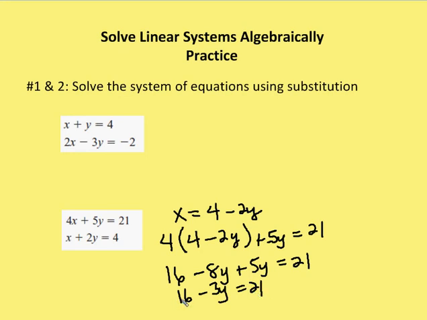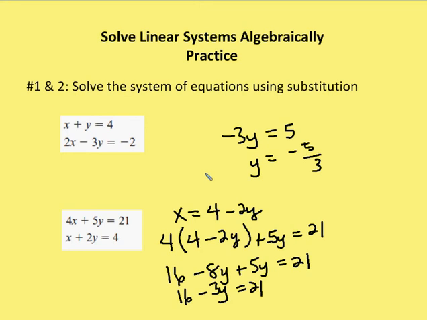Now I'm going to subtract 16 from both sides, and I get negative 3y is equal to 5. Okay, then I divide both sides by negative 3, and I get y is equal to negative 5/3.